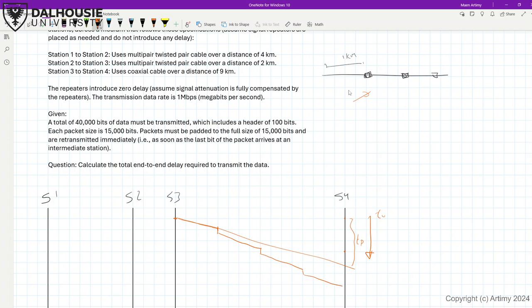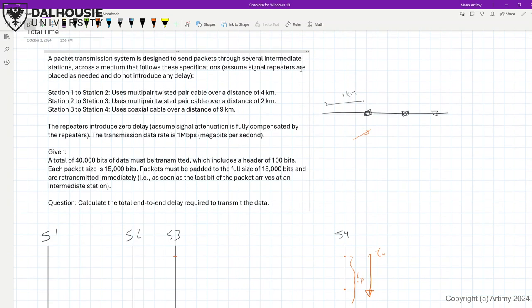But since the question says forget about the delay, assume that the delay is negligible, we're just going to assume the simple case where it's just a straight line like this one. So that's the first paragraph here.